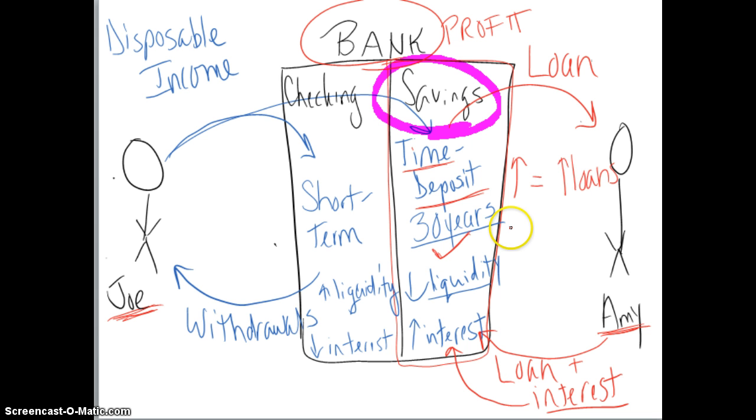But when people start saving less, maybe because there's many layoffs and people don't have extra money to be putting into time deposits and they have to cut back because they have to pay for their expenses and that's all they can afford, then that means there's going to be less money available to loan out to people.